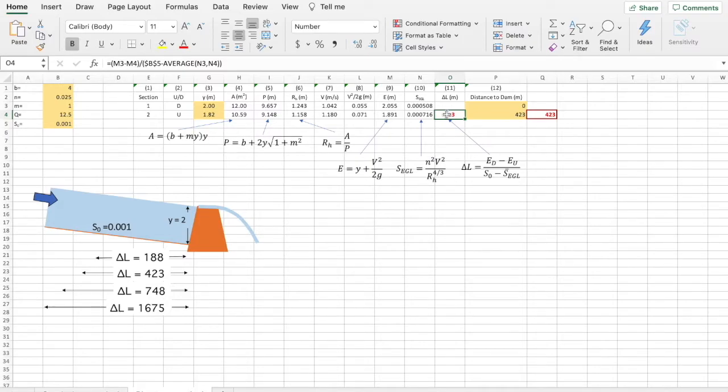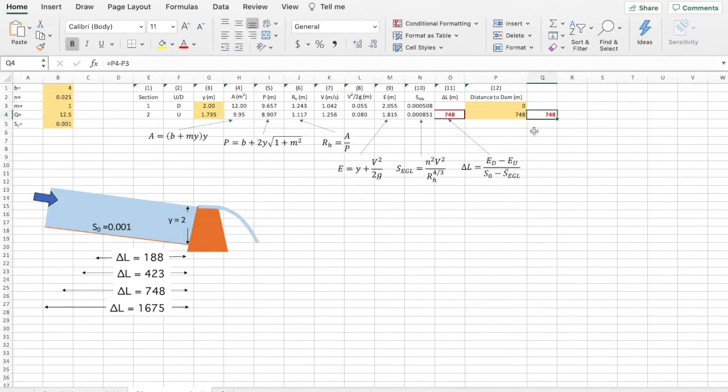Again, the third point is located at 748 meters distance to the dam, and we still know the water depth at that point is 1.735. We can see the two values are still the same.